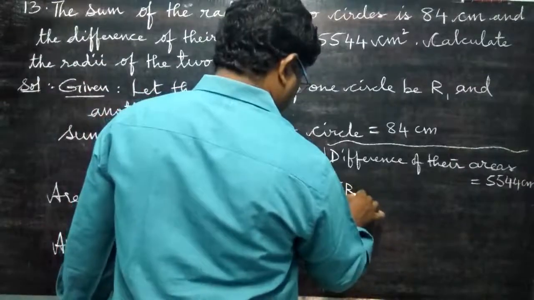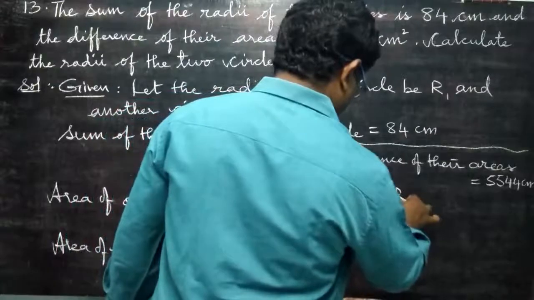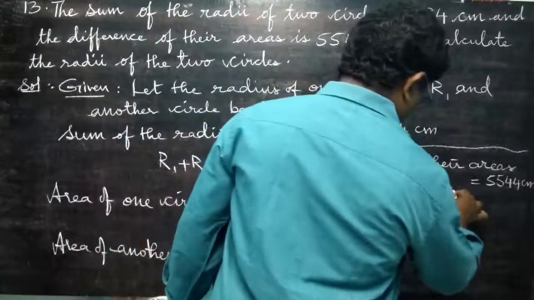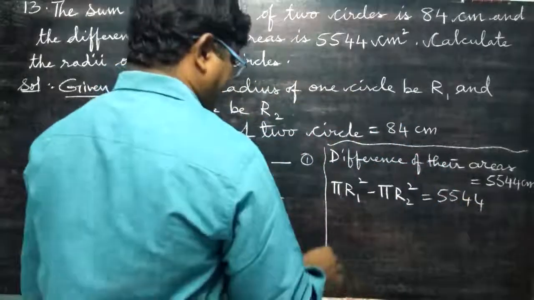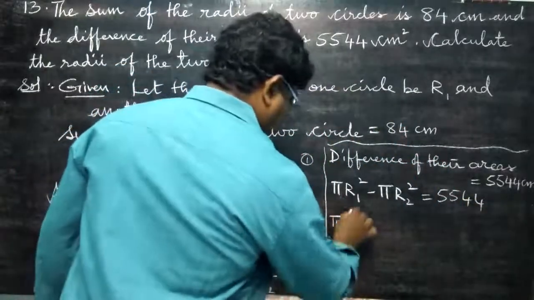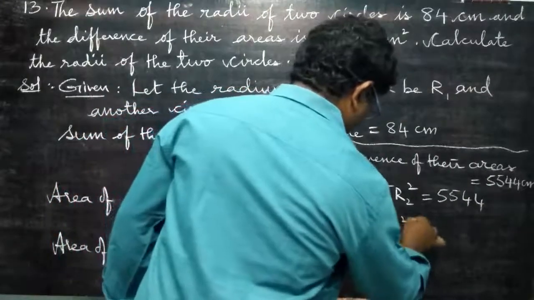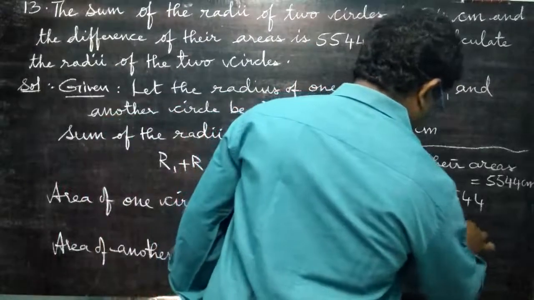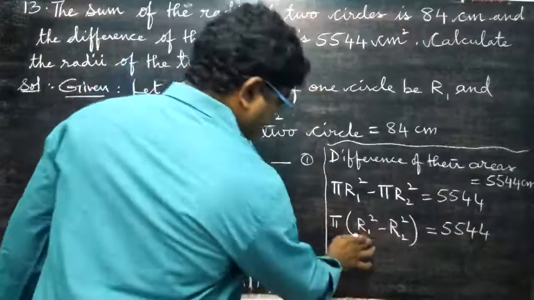Pi capital R1 square minus pi capital R2 square is equal to 5544. Now take pi common. Capital R1 square minus capital R2 square is equal to 5544. Able to follow?